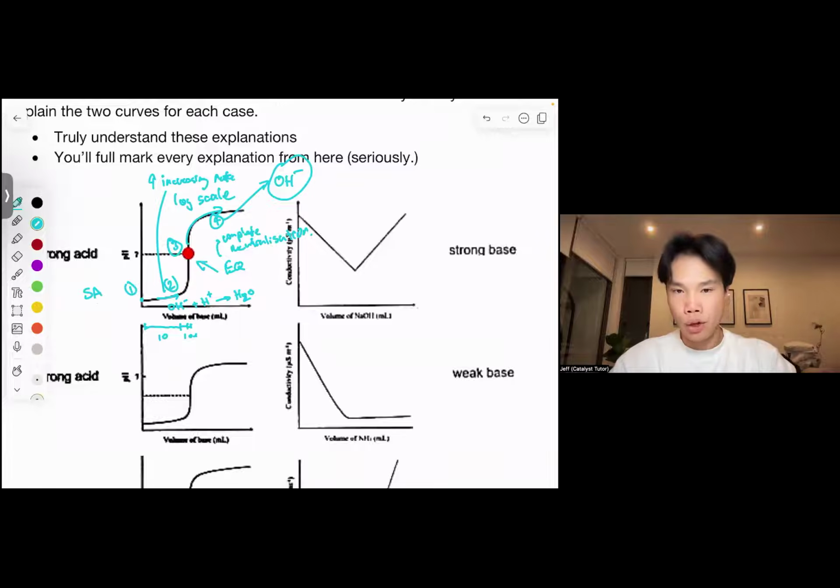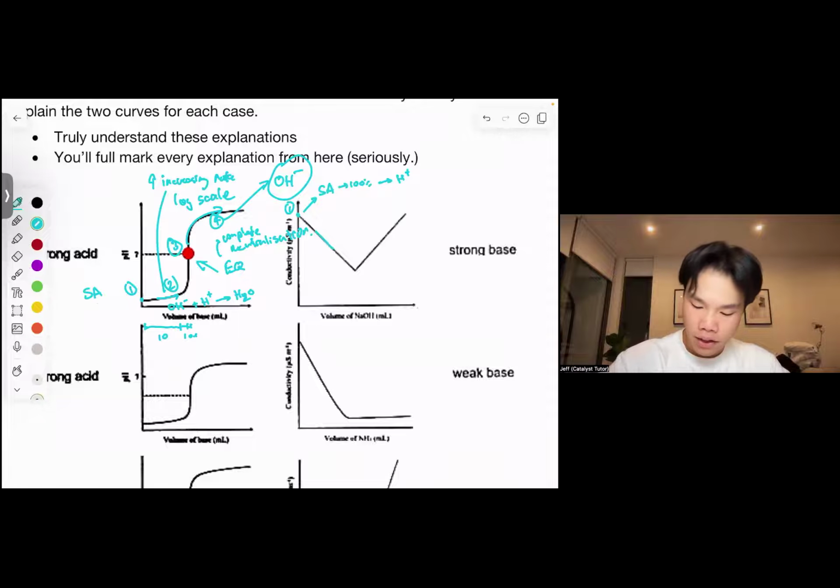For your strong base, strong acid conductivity curve, you start initially high because you have a strong acid which is 100% dissociated, which gives you lots of H plus in solution. That free moving H plus is highly conductive because it's lightweight, which corresponds to this really high conductivity.